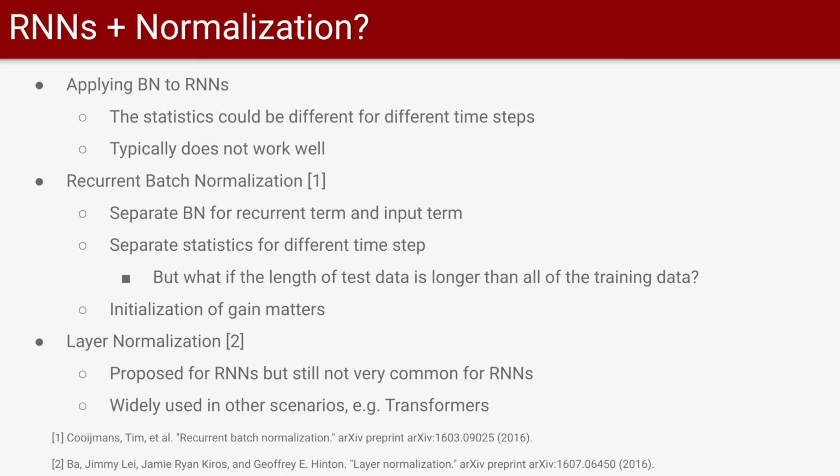But nowadays, it's still not very common to apply layer norm to recurrent neural networks. But layer norm is widely used in a lot of other scenarios, like in transformers and convolutional layers. So you can see that applying normalization to recurrent neural networks is actually not an easy problem.